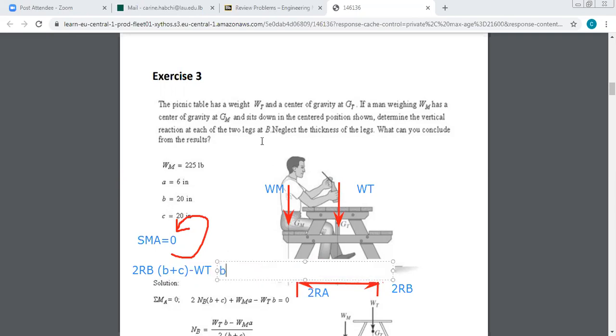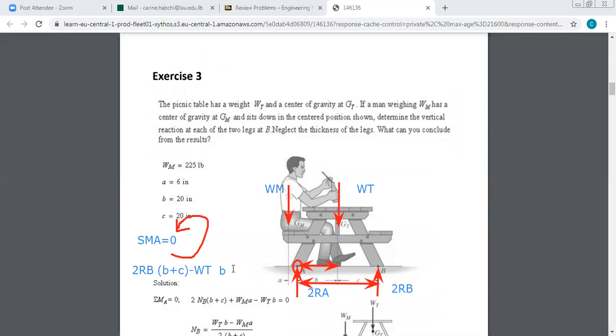Now I still have the moment of the weight of the man. As you can see here, the weight of the man is producing a moment in the counterclockwise direction, so it is a positive moment.